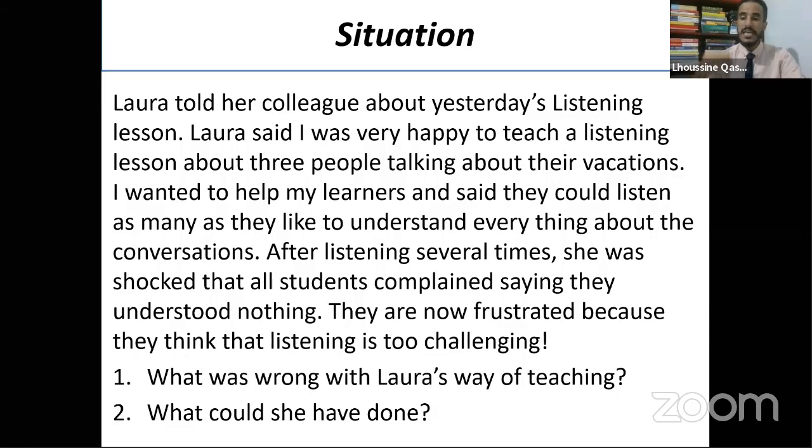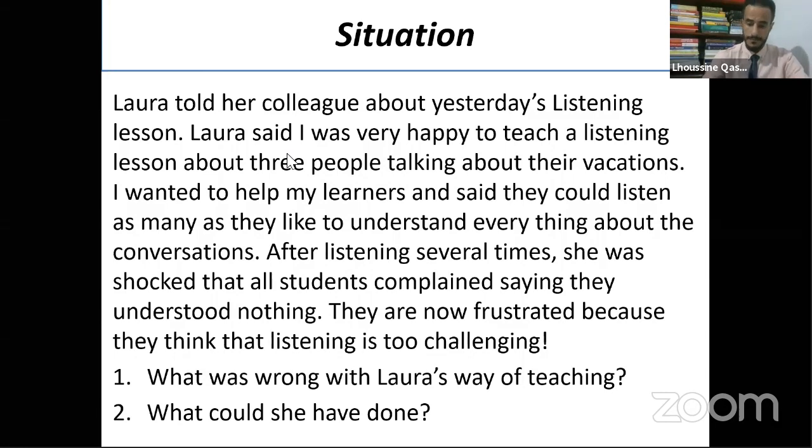So there are many questions that the students are worried about. Your job as a teacher is to pave the way, to prepare them, to create context, to build interest, to motivate first. Then you start with the activities. Which one should start first? The second, the third. So listening is a process.